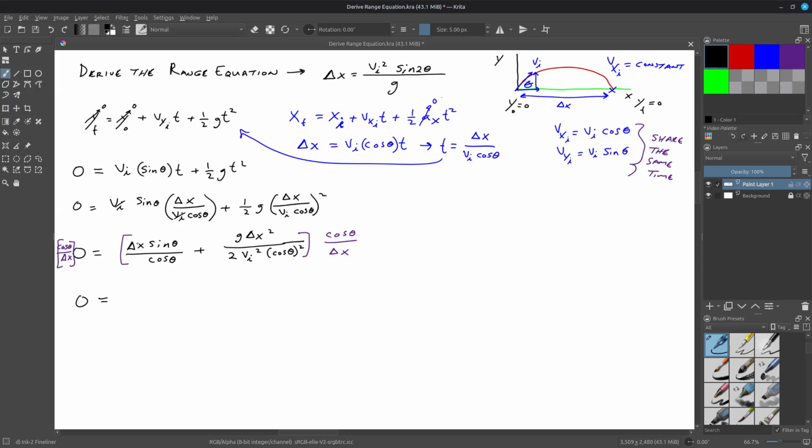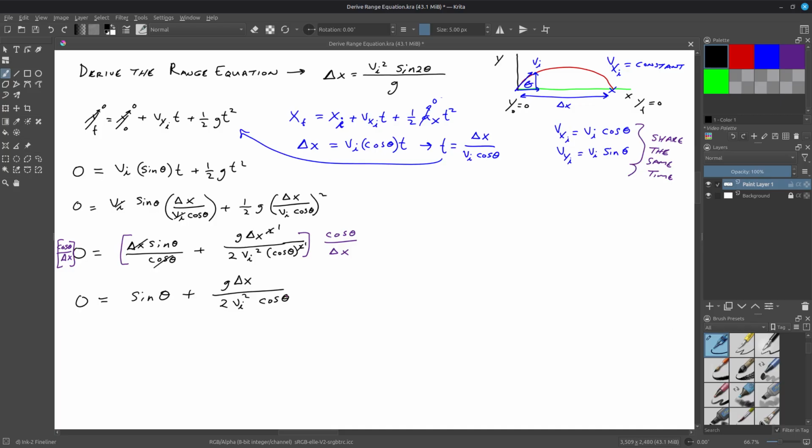But delta x is going to cancel out, cosine is going to cancel out, so we're going to have sine theta plus, and we're going to get rid of one of the delta x's, so there's a 1 here, and one of the cosines, so there's a 1 there, so we're going to have g delta x over 2 v initial squared cosine theta.